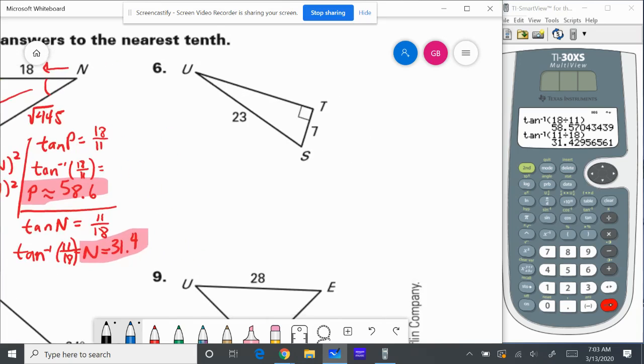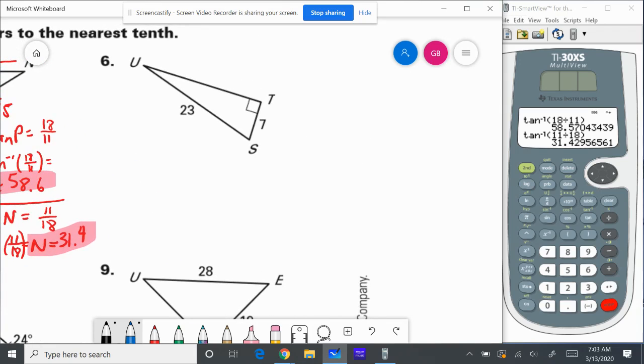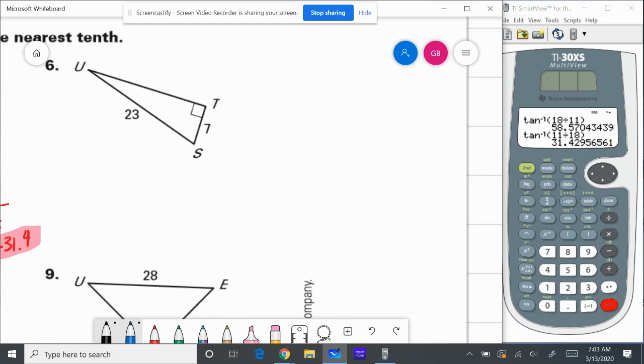Okay, number 6. We have two sides, so let's go ahead and find the third side using the Pythagorean theorem. So 7 squared plus UT squared, because that's the other leg, is equal to the hypotenuse squared.